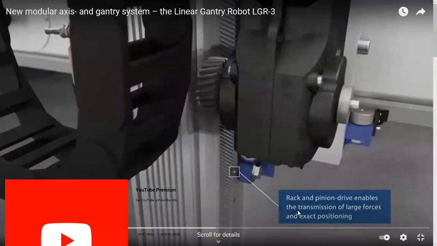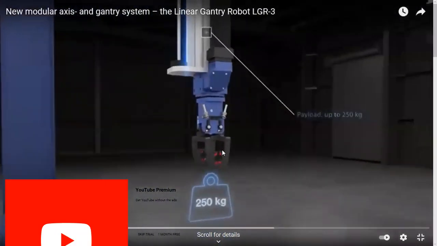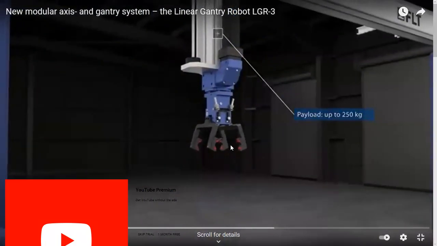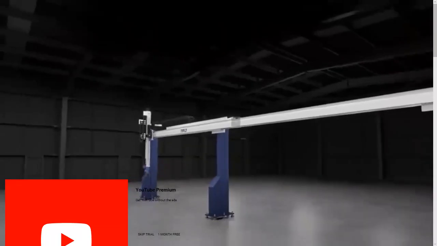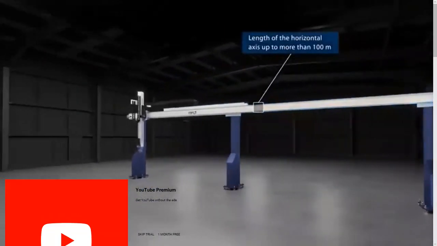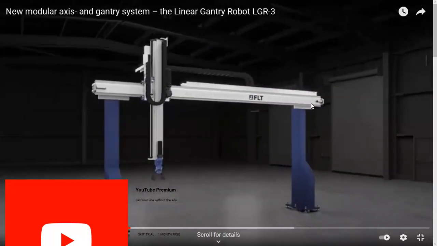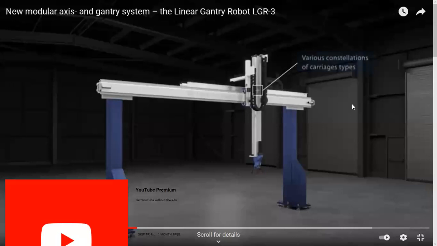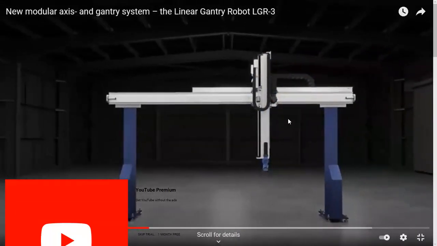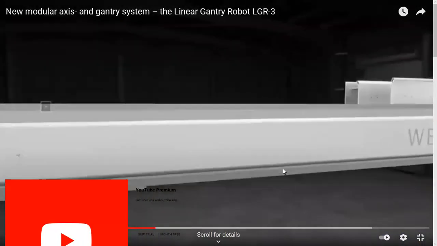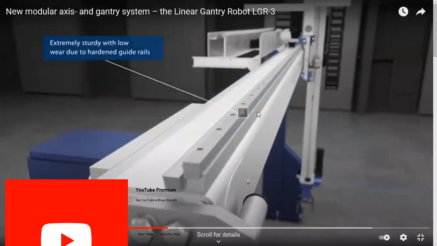Rack and pinion drive enables the transmission of large forces. See that this payload can carry up to 250 kg. This gripper. Length of the horizontal axis can be extendable. Various constellations of carriage types. You can mount different carriages. Extremely sturdy with low wear due to hardened guide rails.